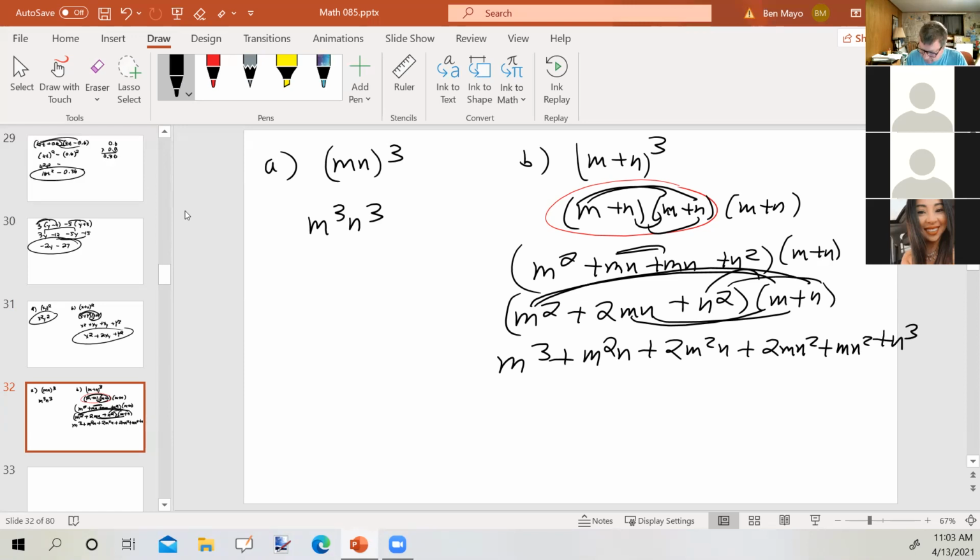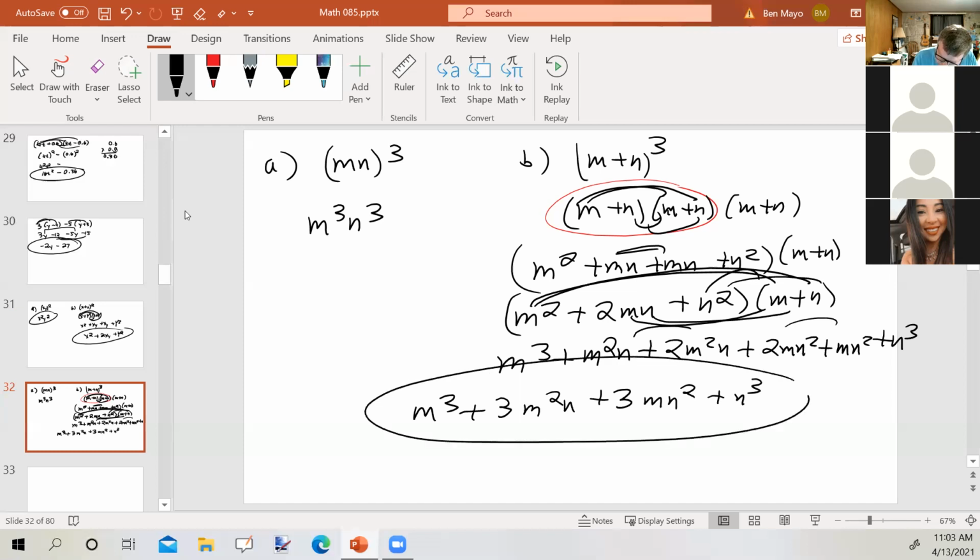I kind of ran out of room there. So let's see. Those are like terms and those are like terms. So I've got m cubed plus 3m squared n plus 3mn squared plus n cubed.